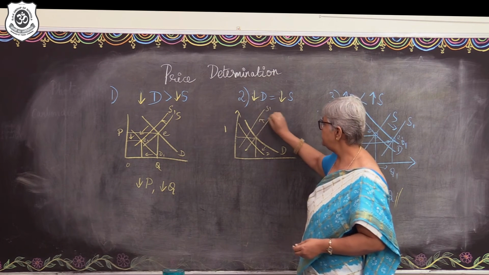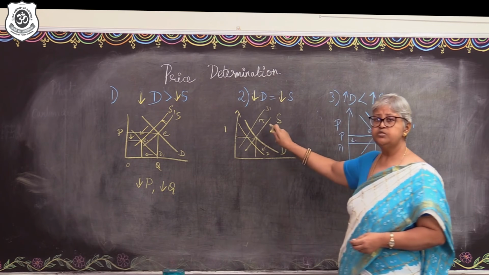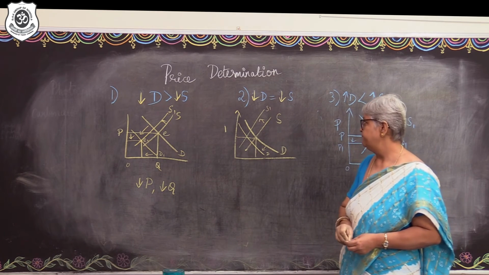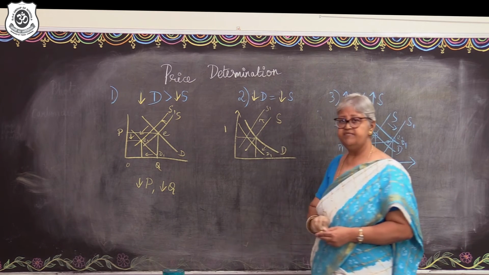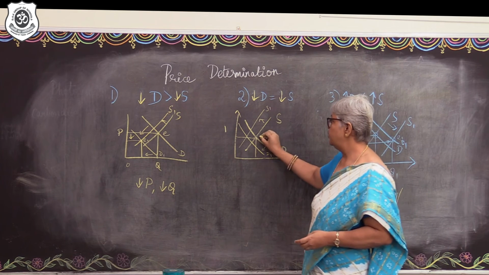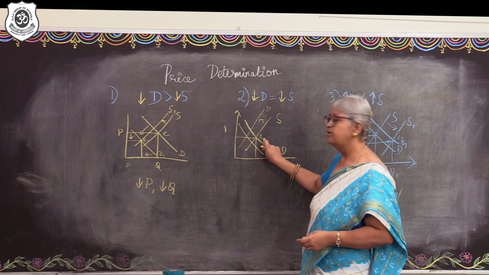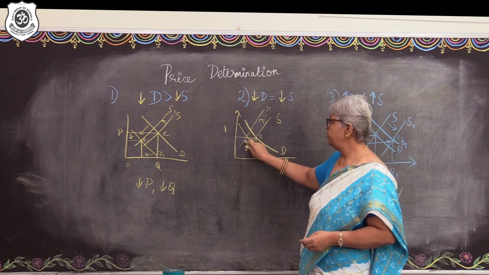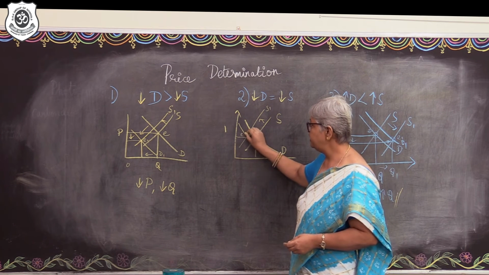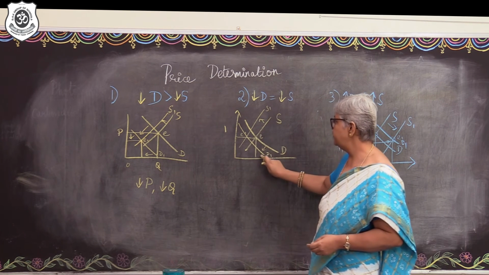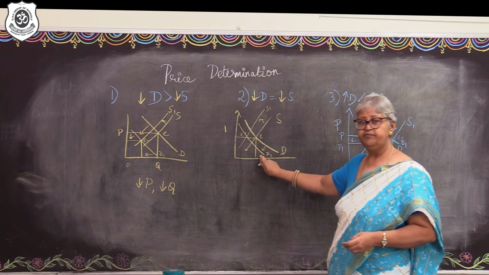So, yeah, again, look at this arrow mark. The new supply curve is S1. And the new demand curve is D1, and the original equilibrium, which is E1, now is going to shift on to E1 on the new supply curve and on the new demand curve.